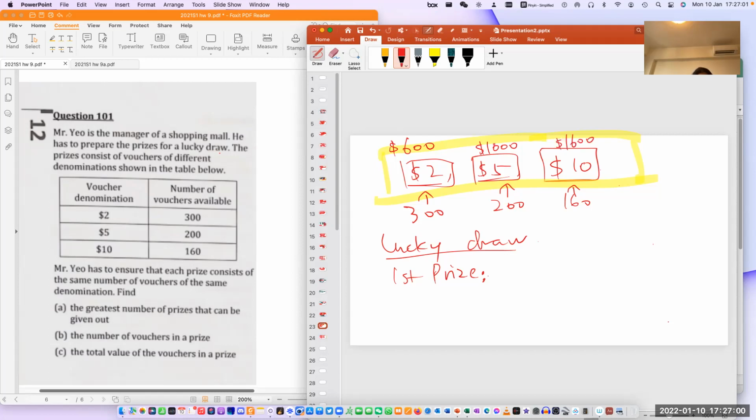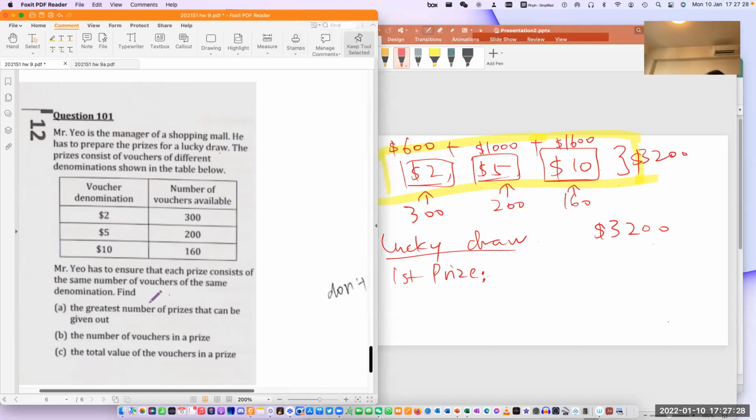You add up all this, so it's 3200. So the highest possible price is 3200 without any restrictions. But looks like there is this restriction here.